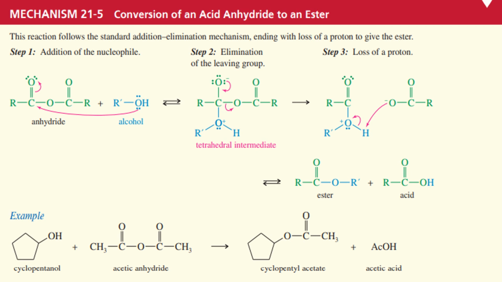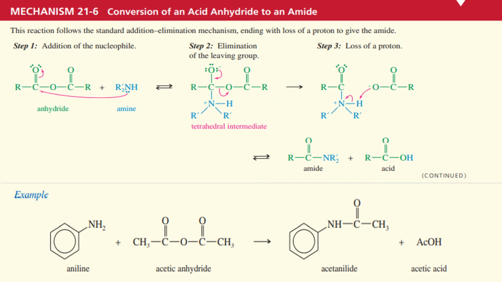Conversion of an acid anhydride to an ester. Acid anhydrides are not as reactive as acid chlorides, but they are still activated towards nucleophilic acyl substitution. An anhydride reacts with alcohol to form an ester. For example, cyclopentanol reacts with acetic anhydride to give cyclopentyl acetate and acetic acid. Conversion of an acid anhydride to an amide.